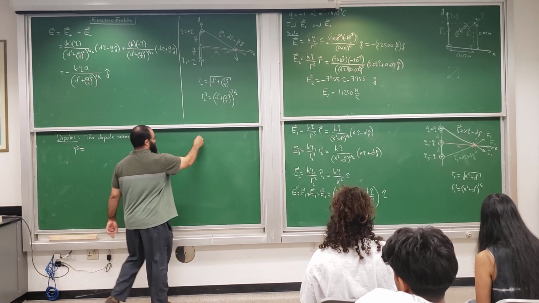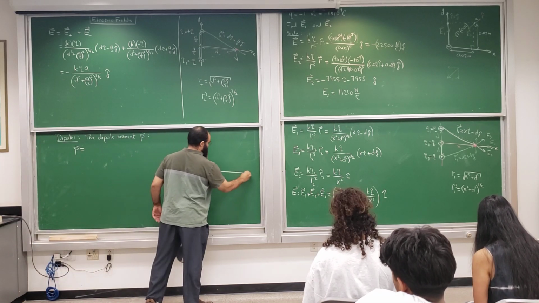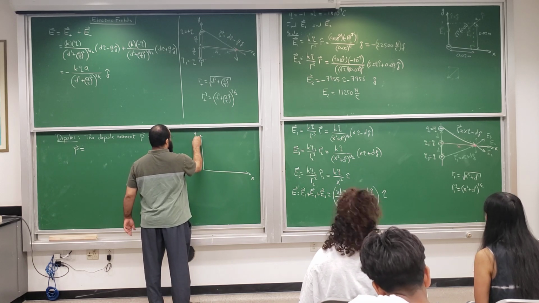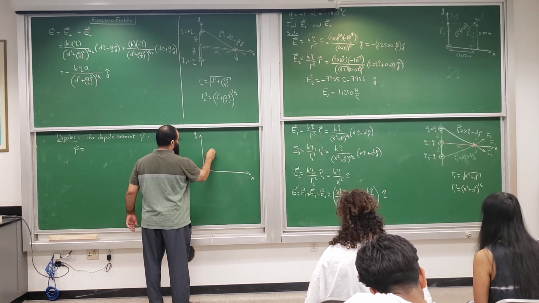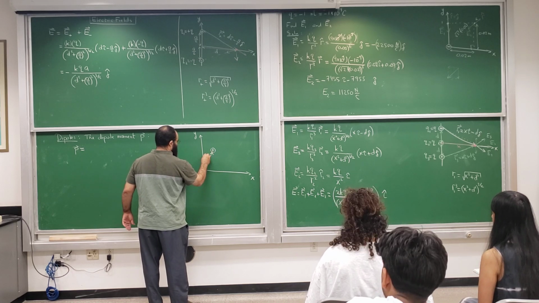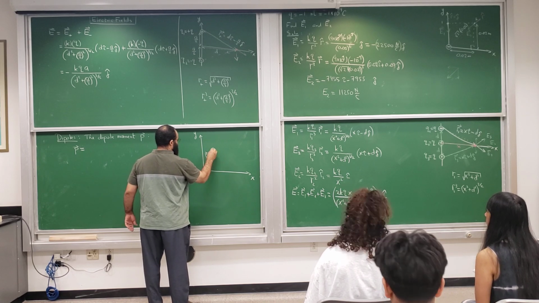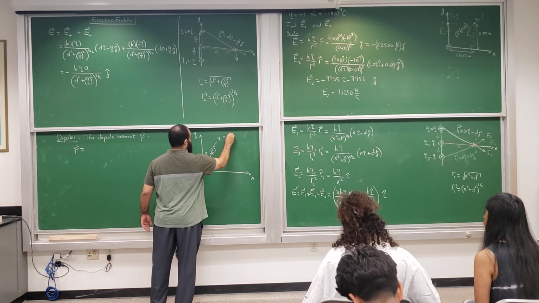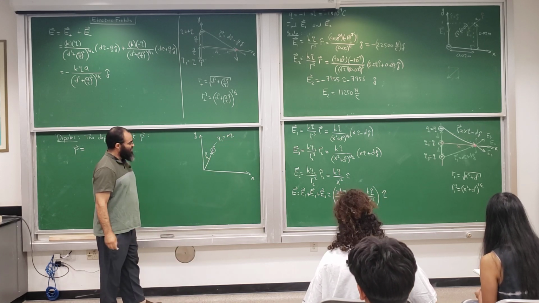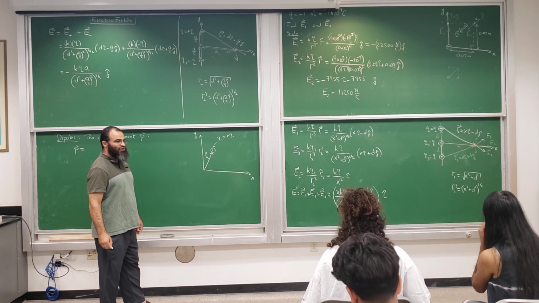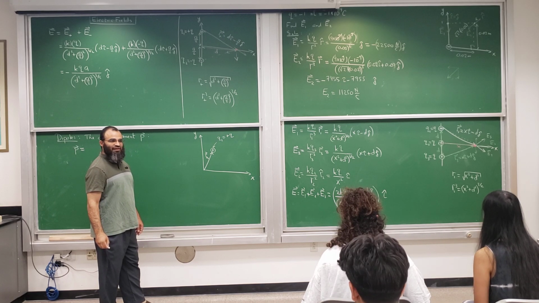P is equal to, and I will not write anything yet. I need to draw something. Here's the x-axis. Here's the y-axis. Let's say I have a positive Q here at position R1. So this is Q1, which is positive Q. Okay? And then I would have another charge called Q2, but it's going to be positive or negative?